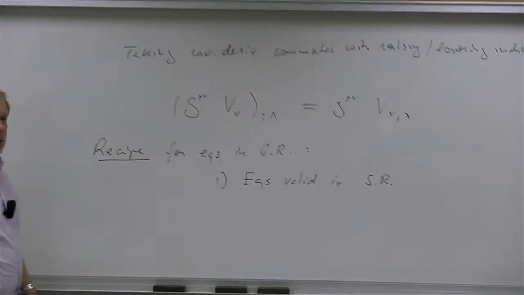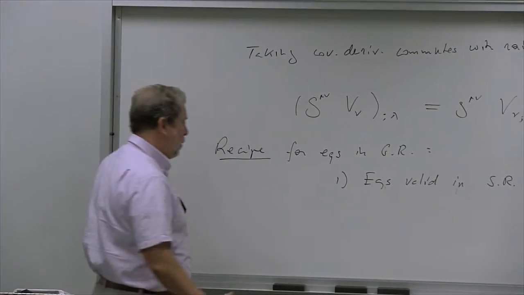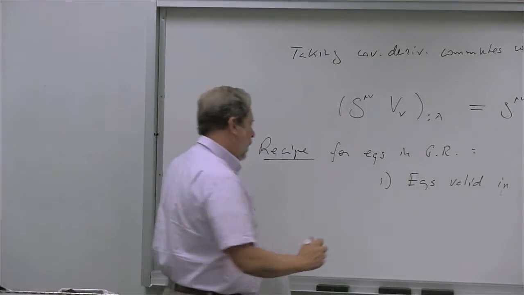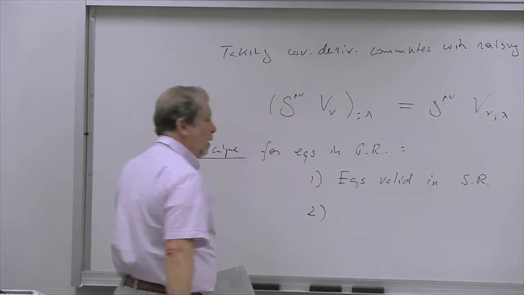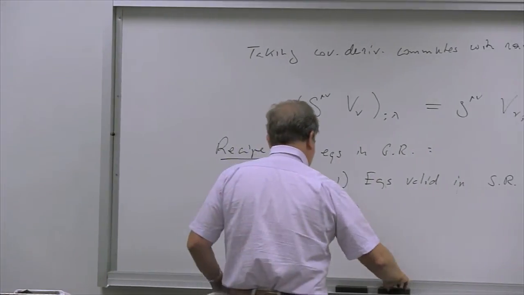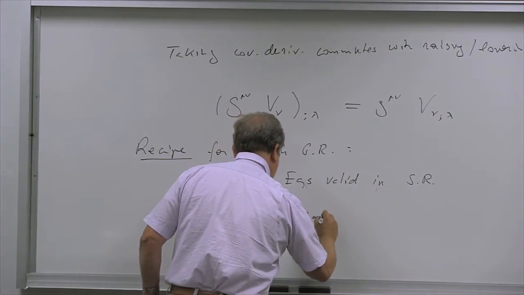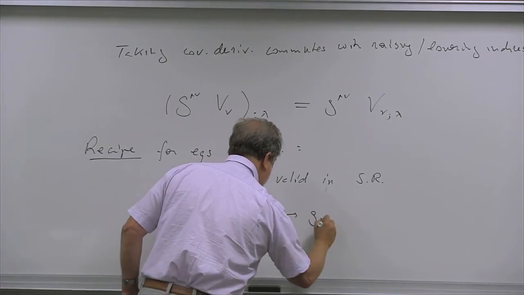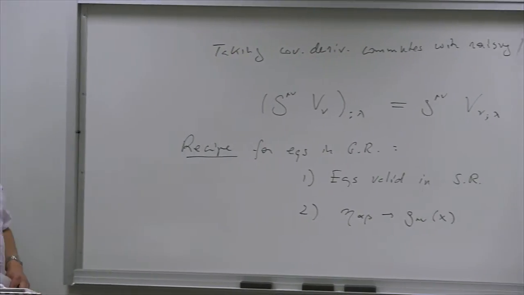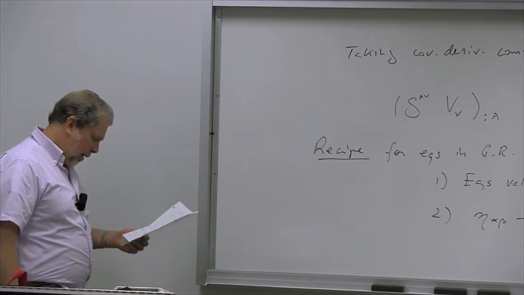If you have an inertial coordinate system, then the equation should be valid. The second thing that you require is that the equations be generally covariant. And so you are going to take the metric eta alpha beta and promote that to a g mu nu, which in general depends on x, which is of course not the case for eta.